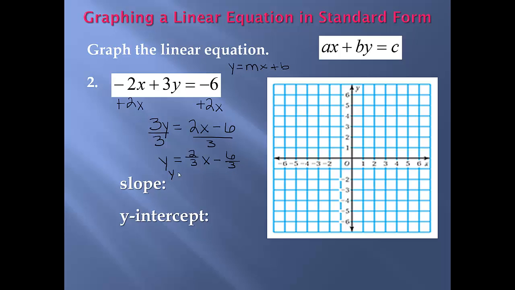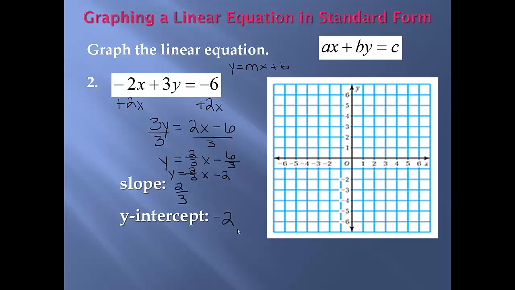So we have that y equals 2/3 x minus 2. Our slope is m, which is in front of our x, or 2/3. The y-intercept is -2. The y-intercept is the b at the end. So we have 2, but since we're subtracting 2, it's a -2.